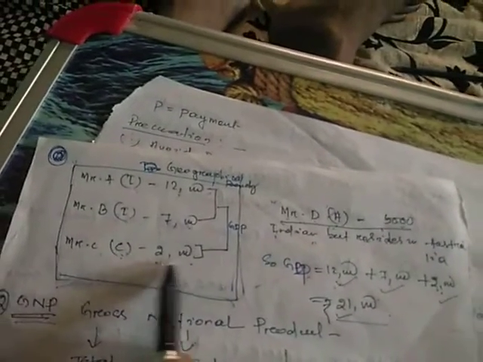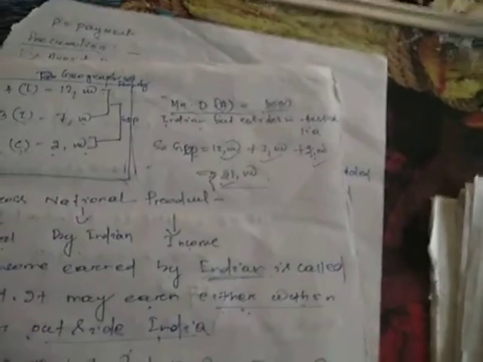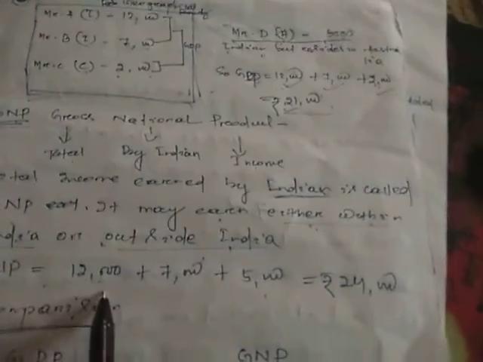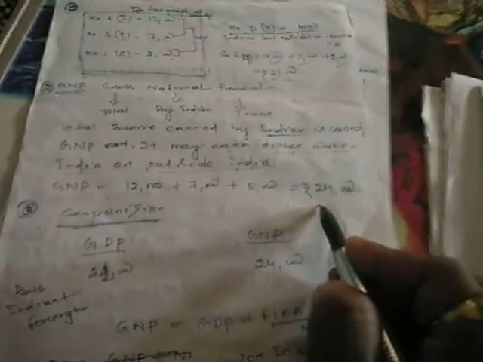Then 7,000 Indian, and we do not consider the Chinese person here, because we consider Indians only. Our main target is Indian people. Here the Indian person's income is 5,000. So 12,000 plus 7,000 plus 5,000 means 24,000. We will consider 24,000.